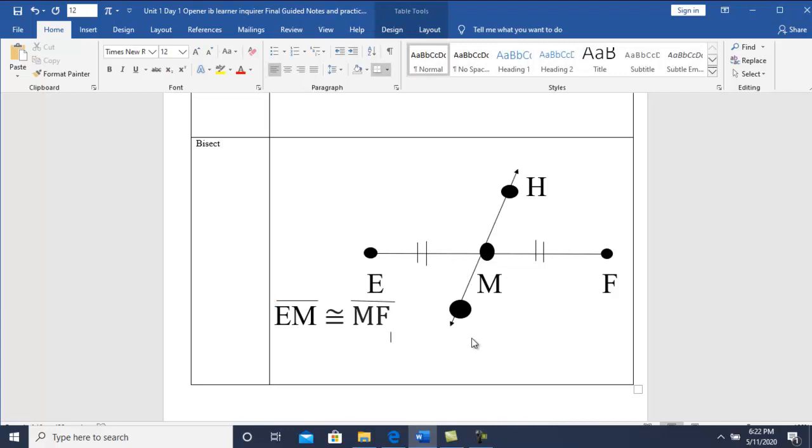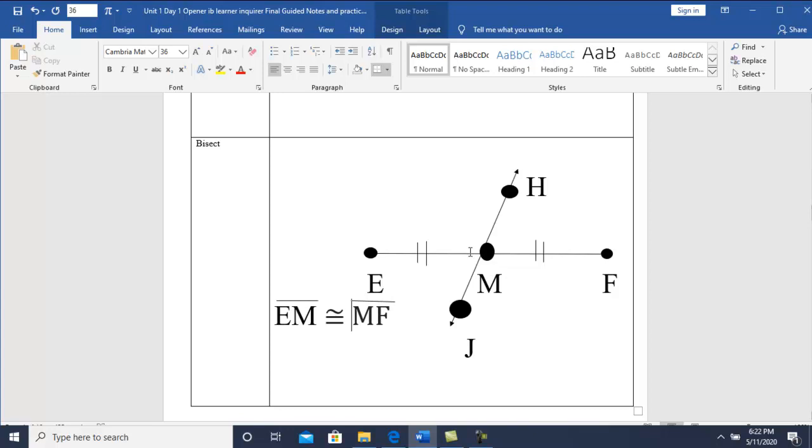We'll call this J. So let's say we have a line segment that's being cut in half by a line.